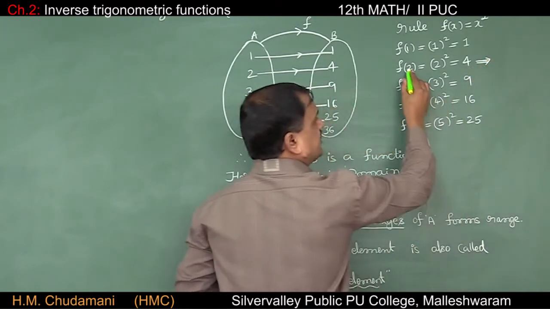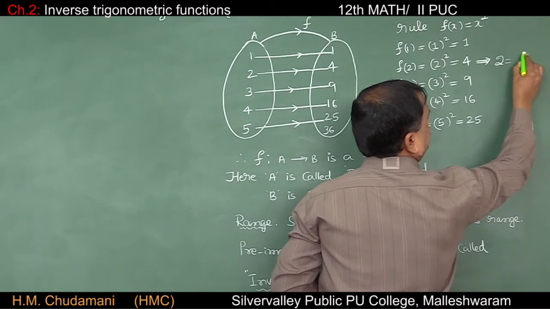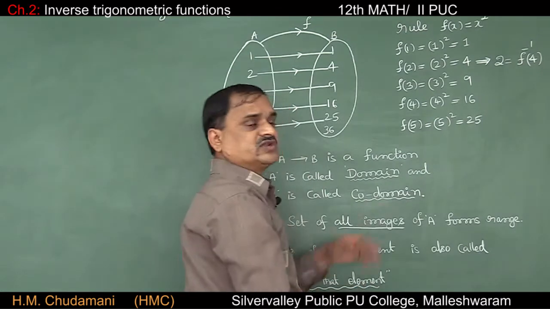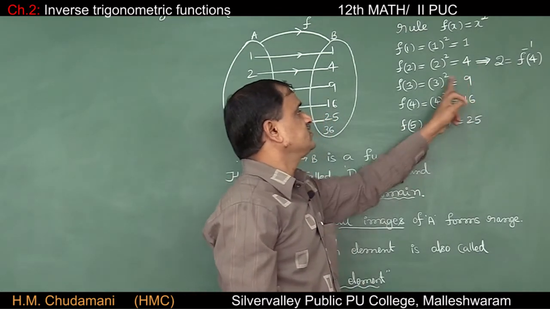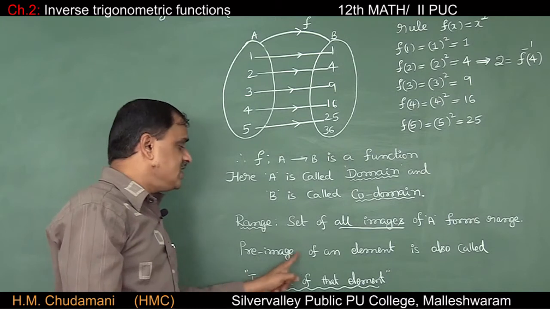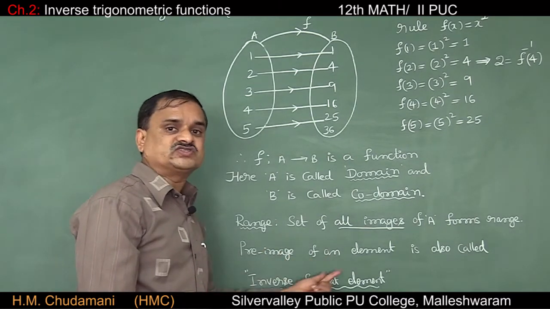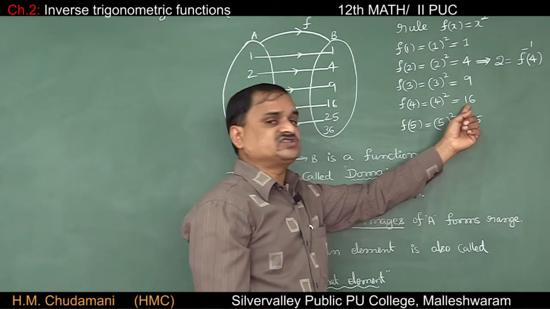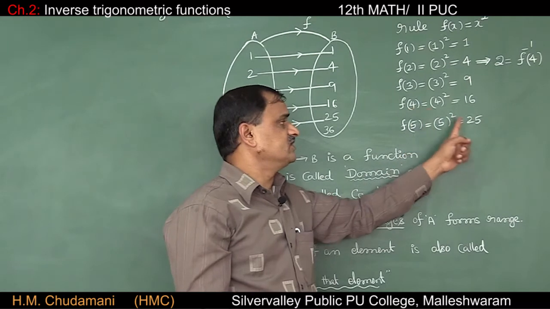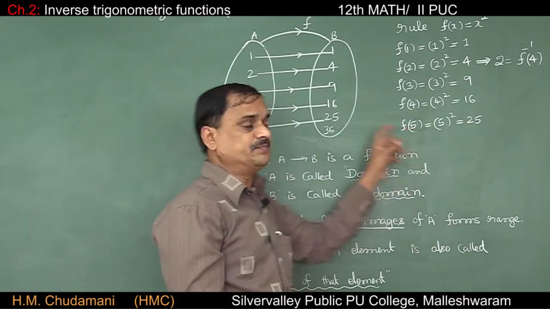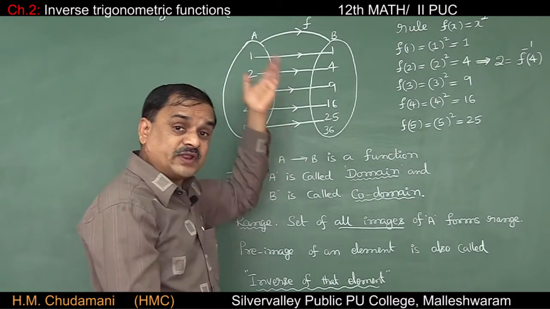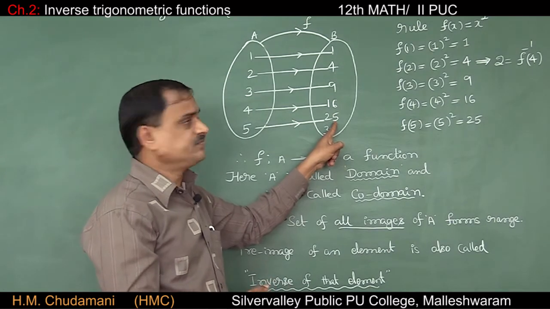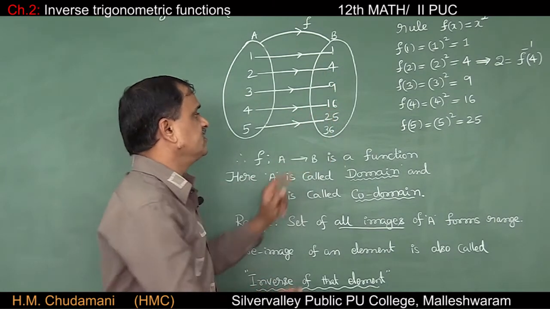This can also be written as 2 is equal to f inverse of 4. f inverse of 9 is 3, f inverse of 16 equals 4, f inverse of 25 equals 5. See this, pre-image is also known as the inverse of that element. So these are called pre-images, whereas these are called images: 1, 4, 9, 16 and 25.